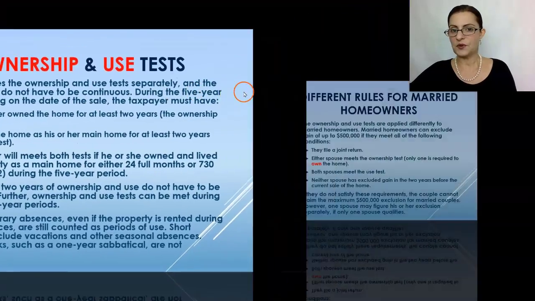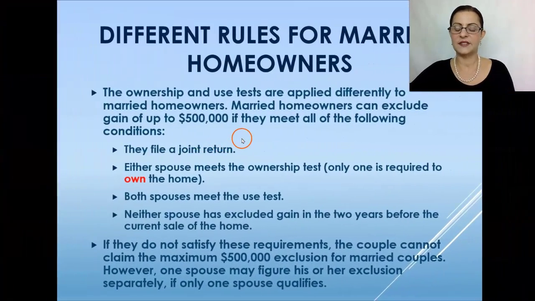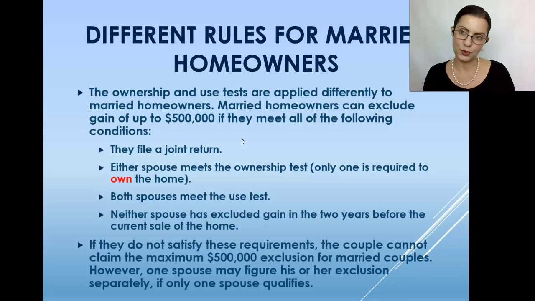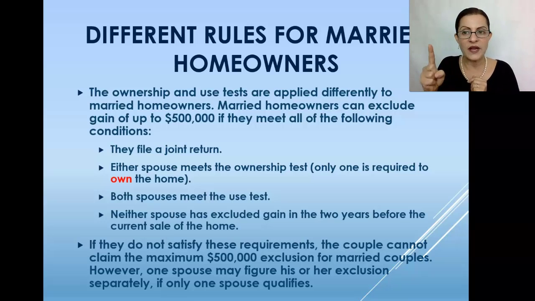Now, there's different rules for married homeowners, and these are beneficial rules for a married couple. So the ownership and use tests are applied differently to married homeowners. Married homeowners can exclude gain of up to $500,000 if they meet all of the following conditions. If they file a joint return and either spouse meets the ownership test, this means that only one of them has to own the house.